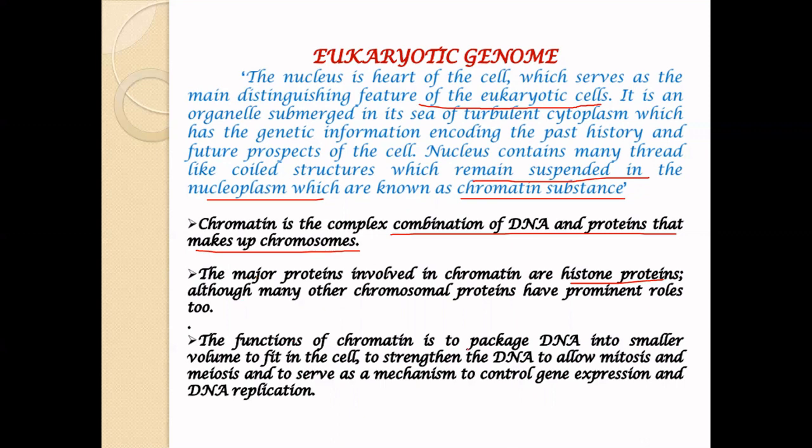The function of chromatin is to package DNA into a smaller volume to fit in the cell, and to strengthen the DNA to allow mitosis and meiosis, and to serve as a mechanism to control gene expression and DNA replication. So this DNA protein complex has several roles, which include compact packaging, because if we unpack the DNA material, it is quite huge and quite large.